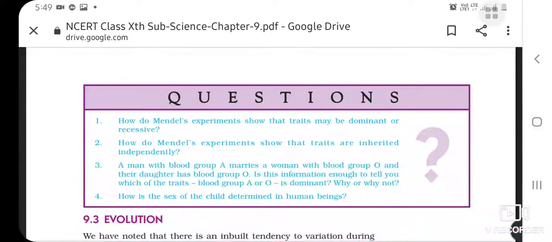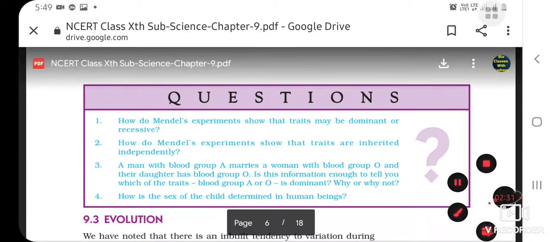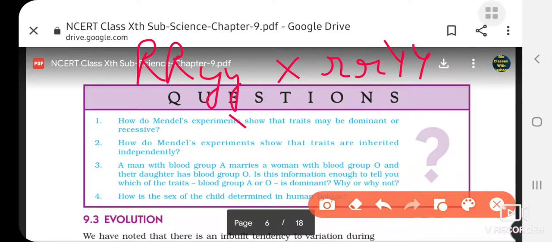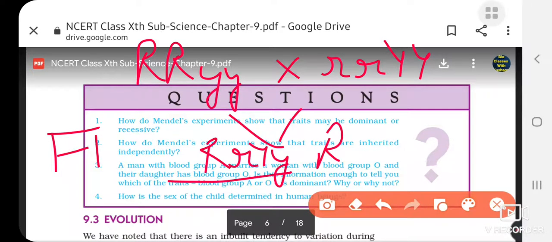Now when F1, this is round green crossed with wrinkled yellow, and in F1 Mendel got all the seeds round and yellow.